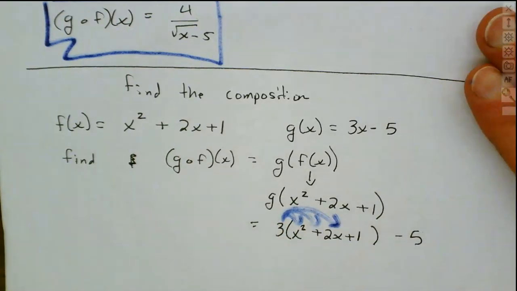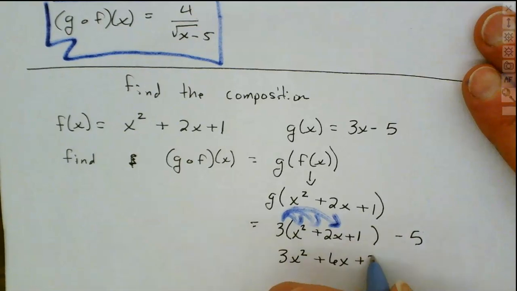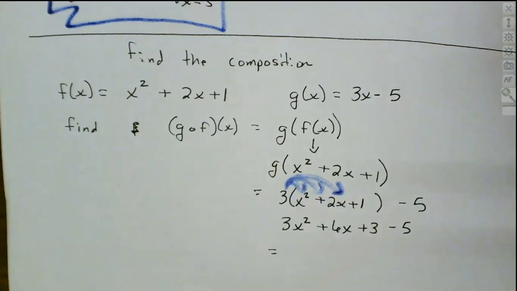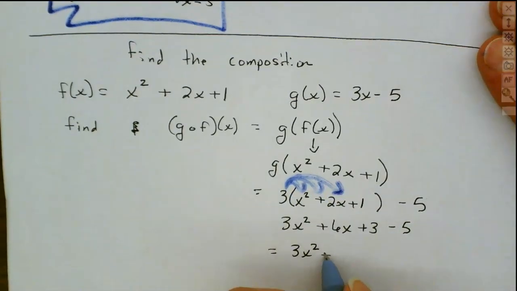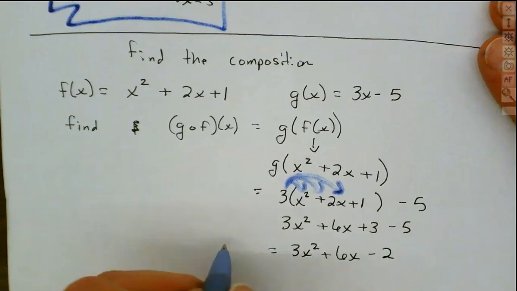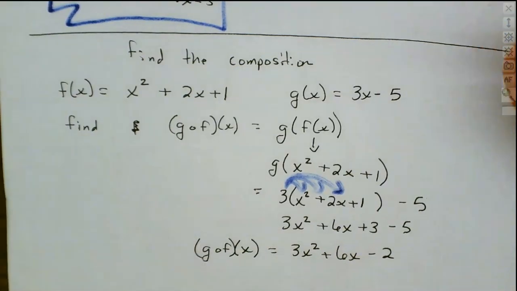So distributing through, that's going to be 3x squared plus 6x plus 3 minus 5, which is then, when I clean it up, 3x squared plus 6x minus 2. And what is that? That is g composed with f of x.